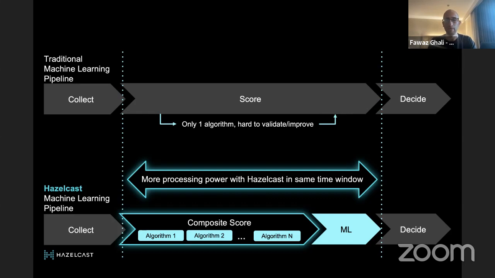Whereas what we do in Hazelcast is we have the ability to combine real-time data with data at rest, such as your current transaction and your historic transaction, and we can use multiple algorithms.